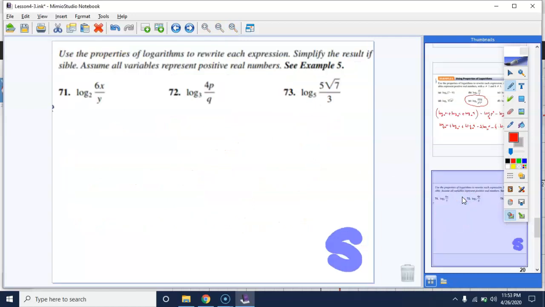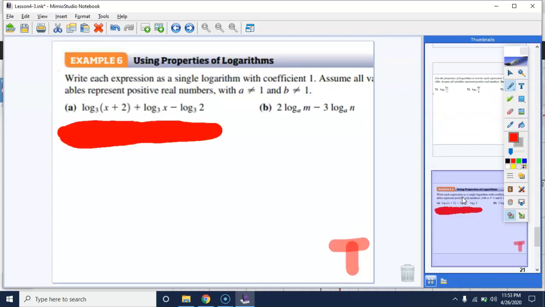And then guys, I want you to try these examples. This time we're going to go backward. This time we are given the expanded form, and we're going to write it as a single logarithm. There's a plus here, so it should remind us of multiplication.